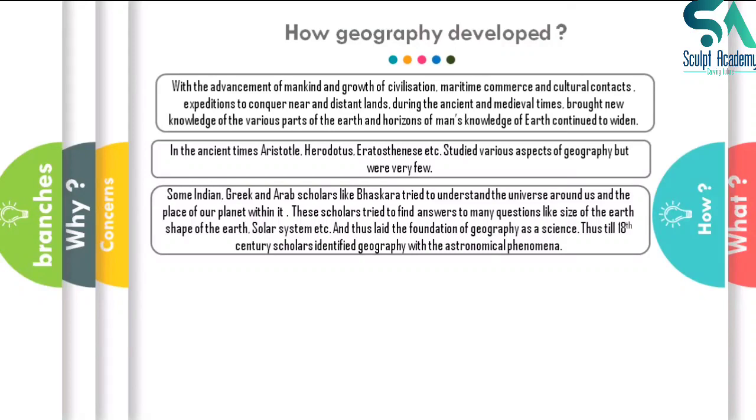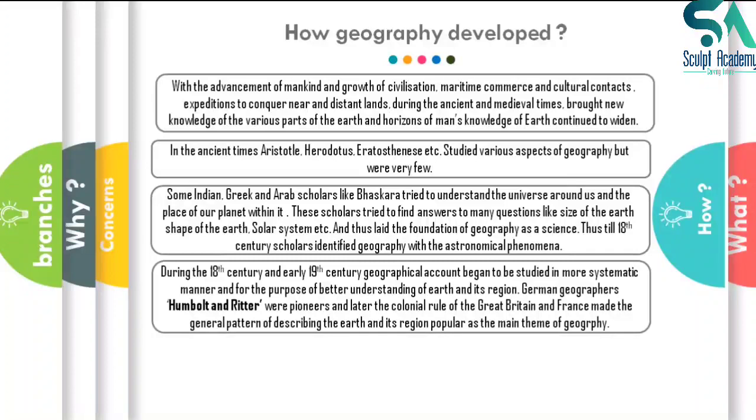Thus till the 18th century, scholars identified geography with astronomical phenomena and introduced a new attribute to geography, that is astronomy. In the 18th and 19th century, geographical accounts began to be studied in a more systematic manner. What is the systematic manner? Understanding of the earth and its regions, that is the study of an area, that is area or region based geography.